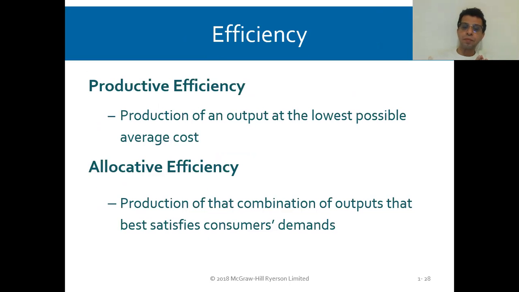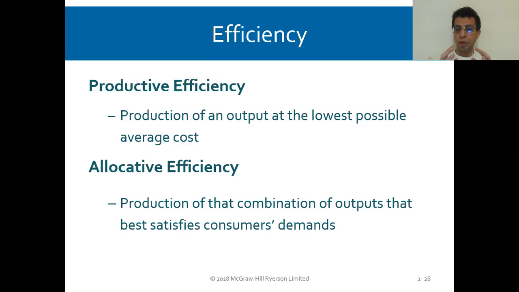Now, productive efficiencies: production of a product at the lowest possible average cost. So you have a fixed cost, we cannot do anything about it, but we become efficient when we try to minimize our average cost by lowering variable costs as much as possible and producing a lot, so the average cost becomes very limited.